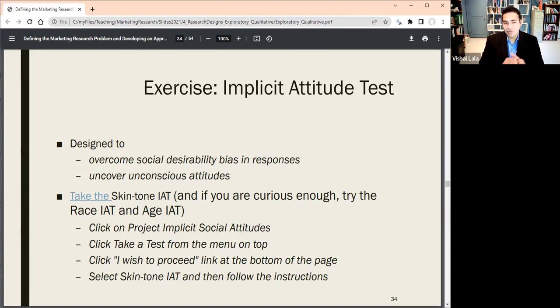It is important when you do the exercise to do this in a quiet place where you're not disturbed. The exercise takes about 10 to 15 minutes. And when you're done, it's going to give you an assessment, based on the test, of how you truly feel about certain issues, in this case, social issues. So go ahead and take the test when you have the time and a quiet place to take the test.